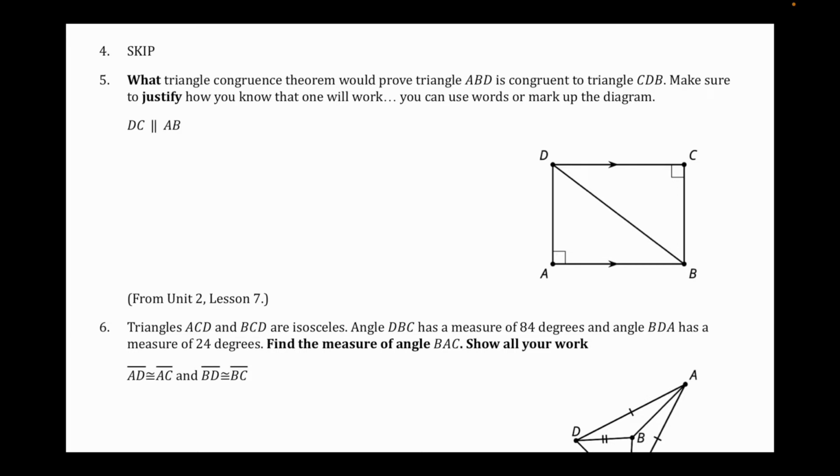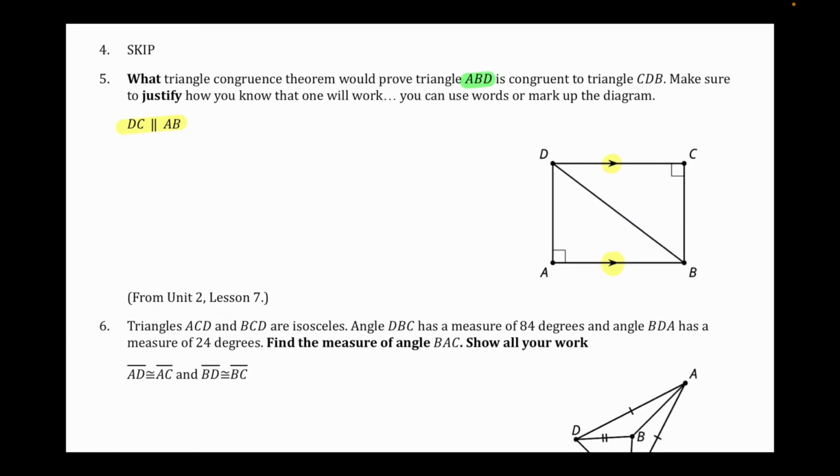So they're giving us here, important to note, that DC is parallel to AB. That is the little arrows there that I'm highlighting in yellow. They also want to know ABD. So ABD is this triangle here. I'll shade it in.